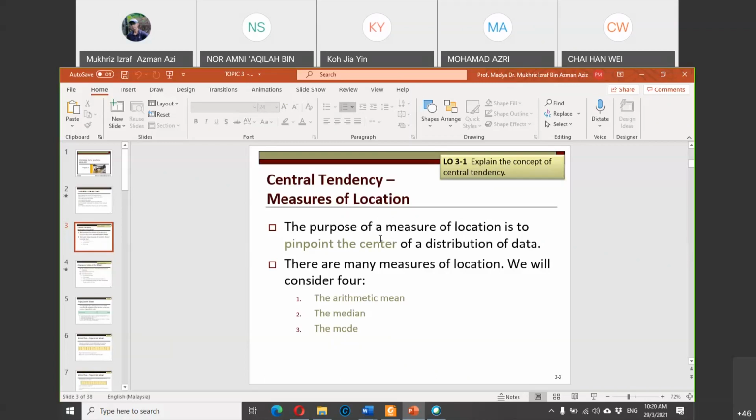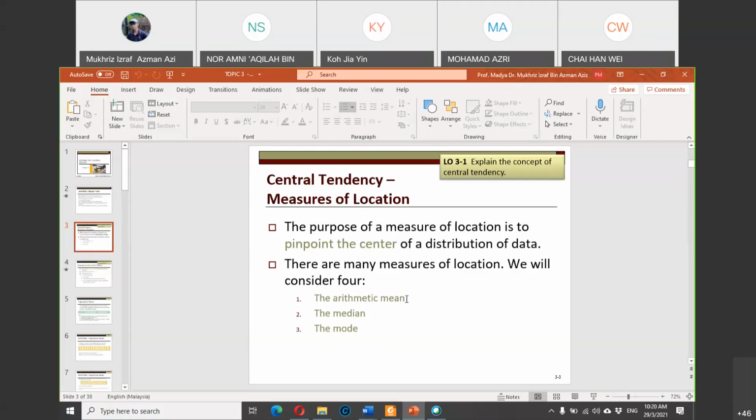Let's say you have 100 numbers and you want to know which number is in the middle of your distribution, if you sort from the smallest to the highest value. So central tendency is basically pointing at the data in the middle of your distribution.